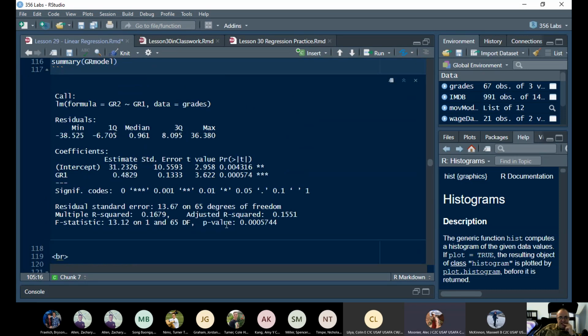Right. So I believe what you want is the adjusted R squared. Before I put my foot in my mouth and say I'm wrong, let me just double check to make sure I am correct.